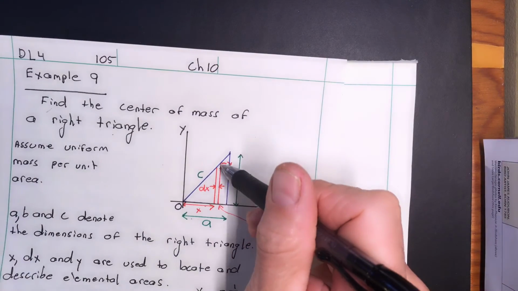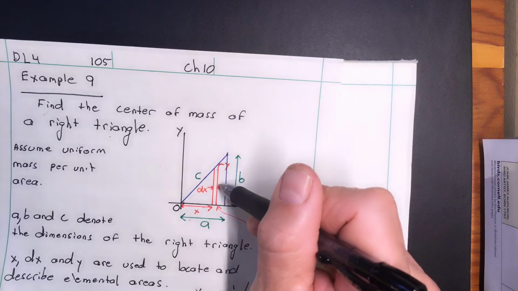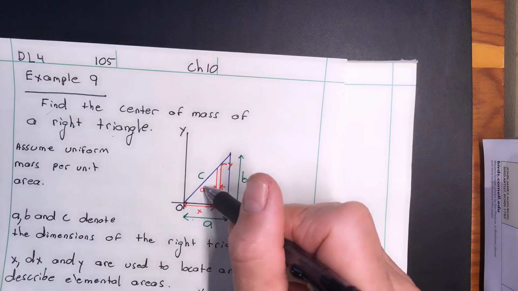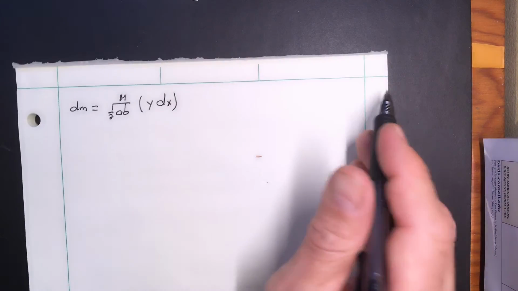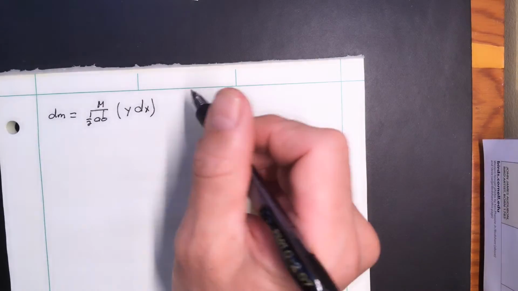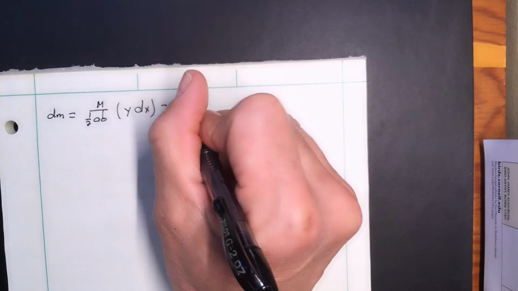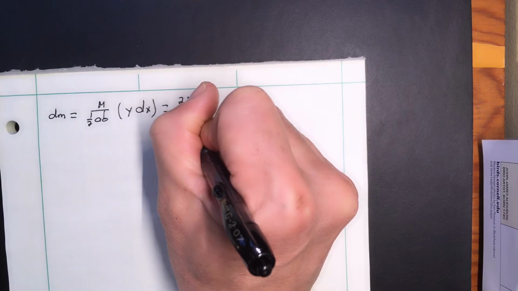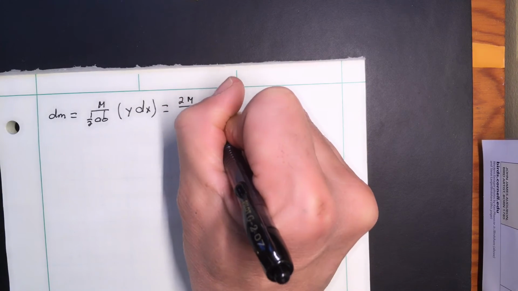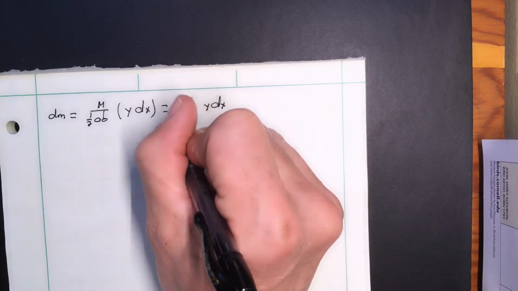Okay, the strip is outlined in red, has a height of y, which is going to change as you go along the x-axis, and always has a width dx. Okay, so take that next step: 2m over ab y dx. Okay, now note that these are all constants.